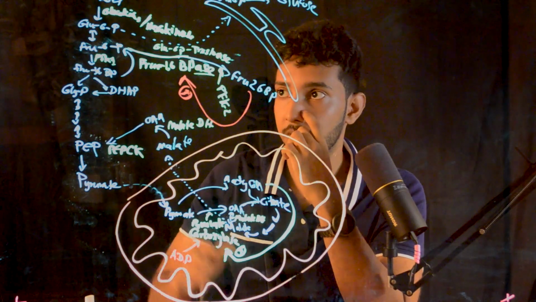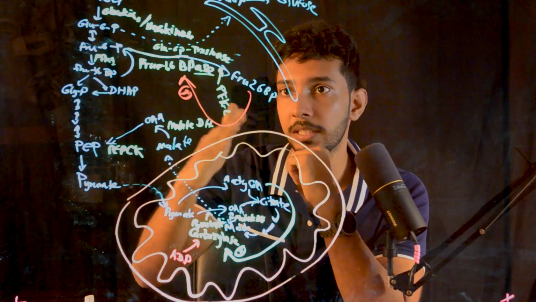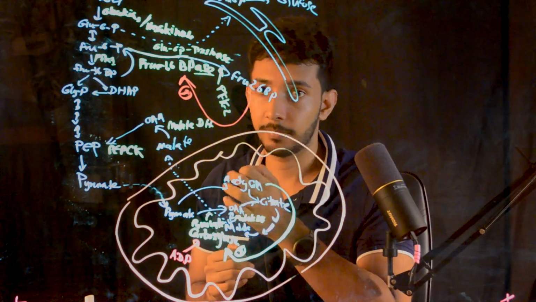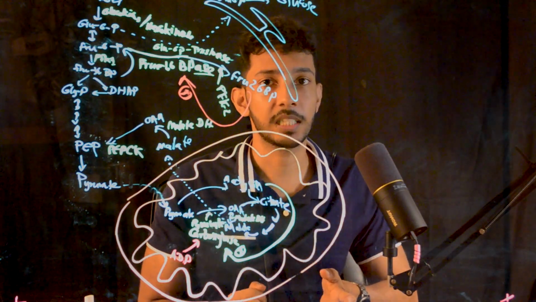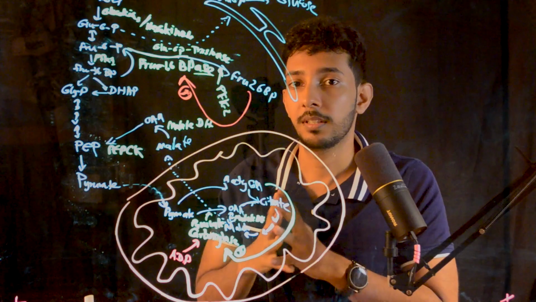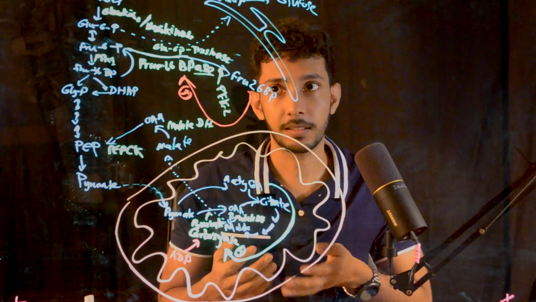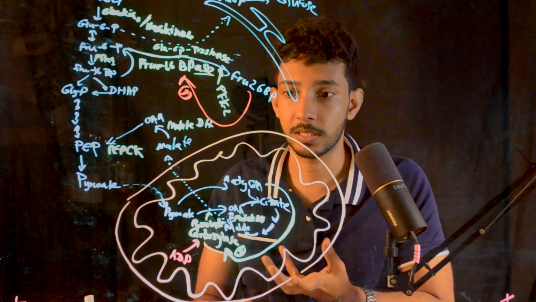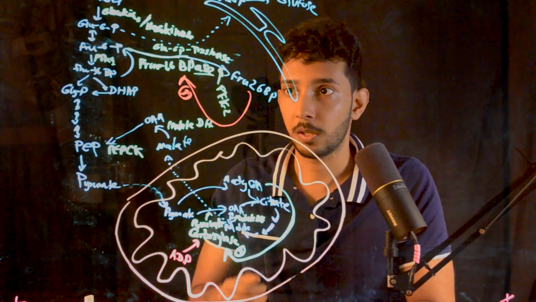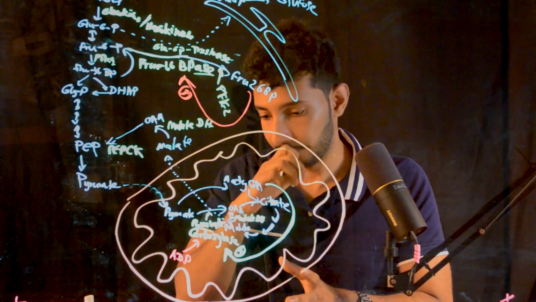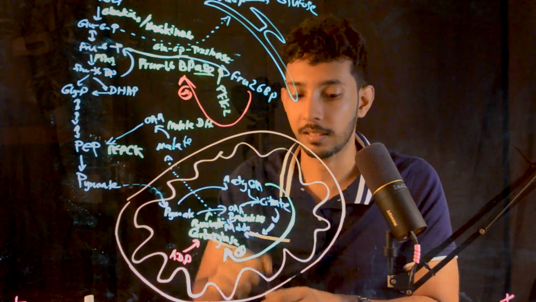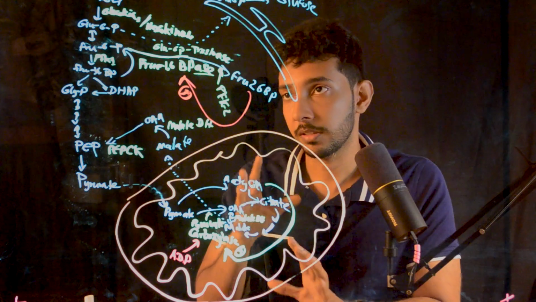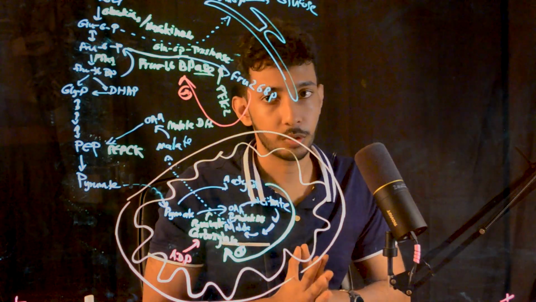So if it stimulates glycolysis, then it has to inhibit gluconeogenesis, because those two pathways can't occur at the same time because they are counterproductive. You're breaking down and making glucose at the same time. So in order to prevent that, you have opposites working here. And yeah, that's all for the regulation of gluconeogenesis.